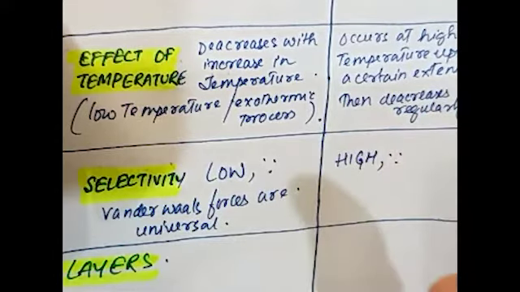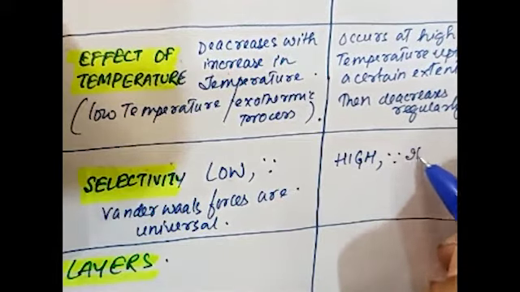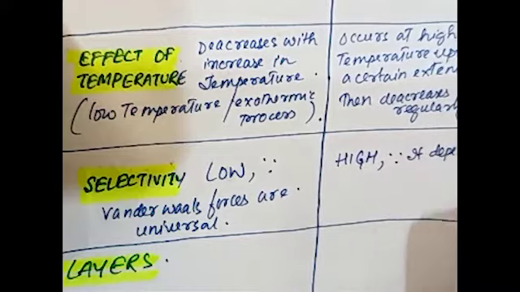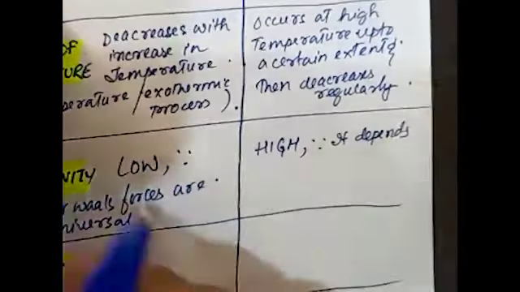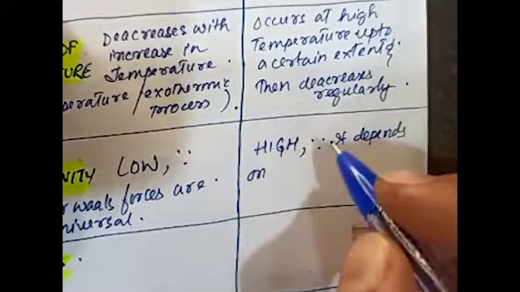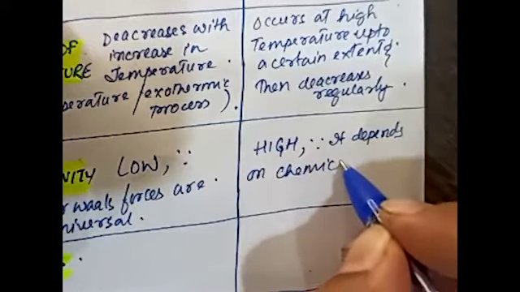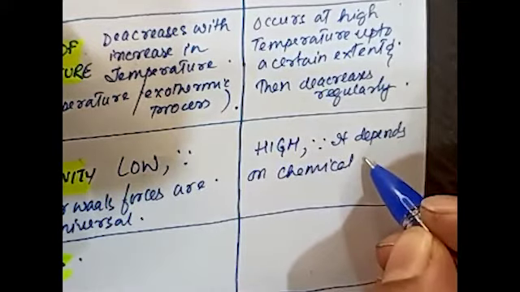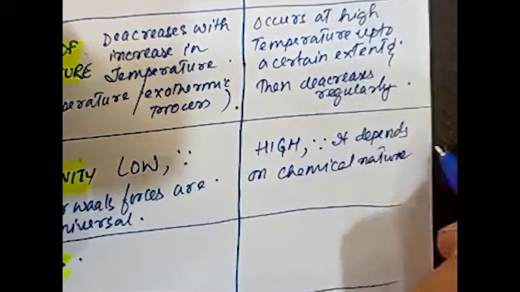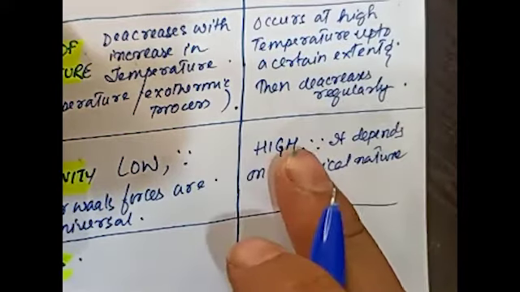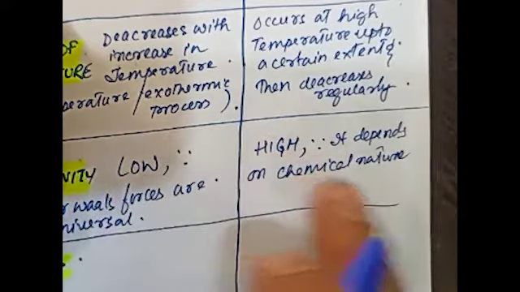Selectivity is high because it is not possible that the adsorbent can create a chemical bond with everyone. Since it depends upon chemical nature. So this is high, and that is low. Fine.